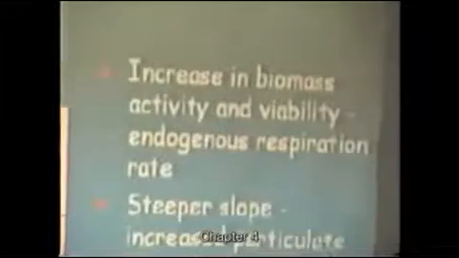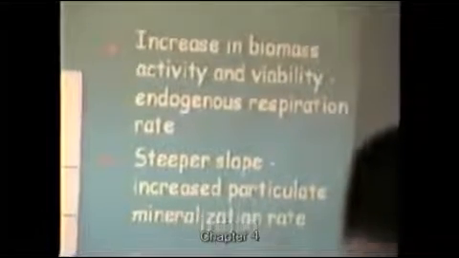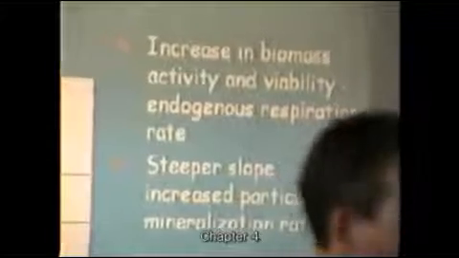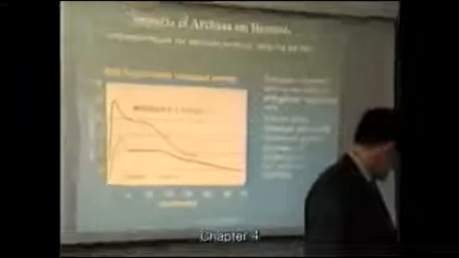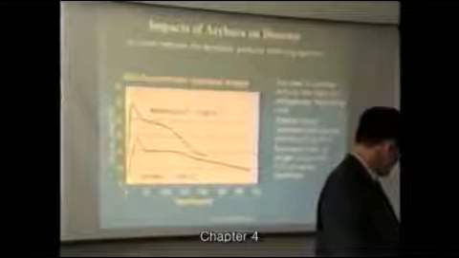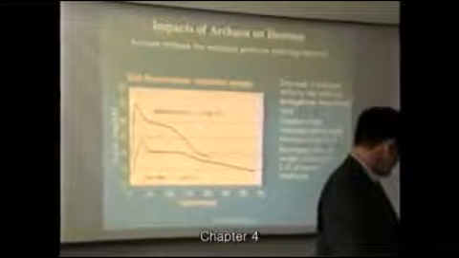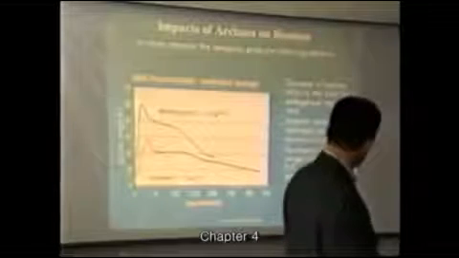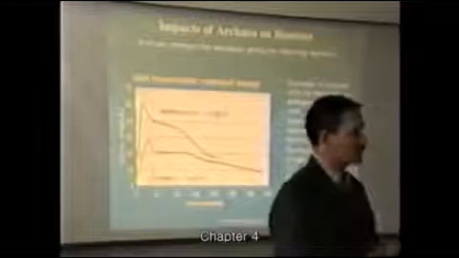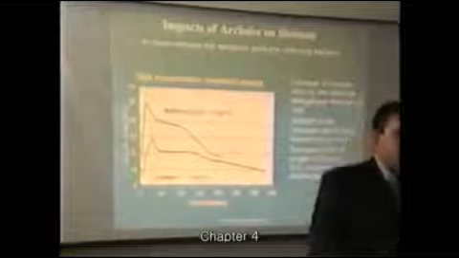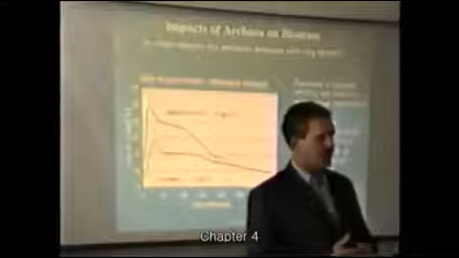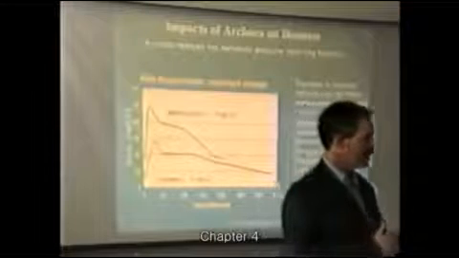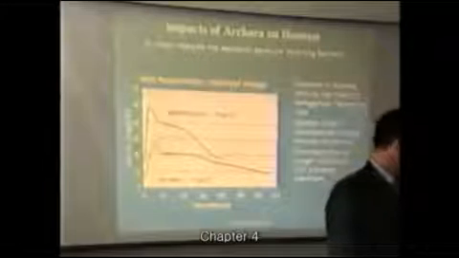The slope tells you we have a higher mineralization rate of your particulate matter, and the increased rate of oxygen utilization rate. The interesting thing which I forgot to mention is the bottom curve, the control curve, was done at a dissolved oxygen concentration of between 2 and 5 milligrams per liter, which is typical of a system.